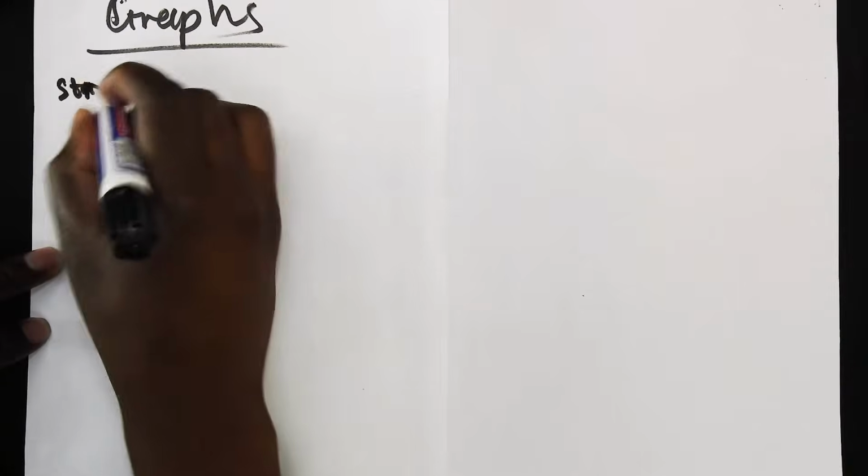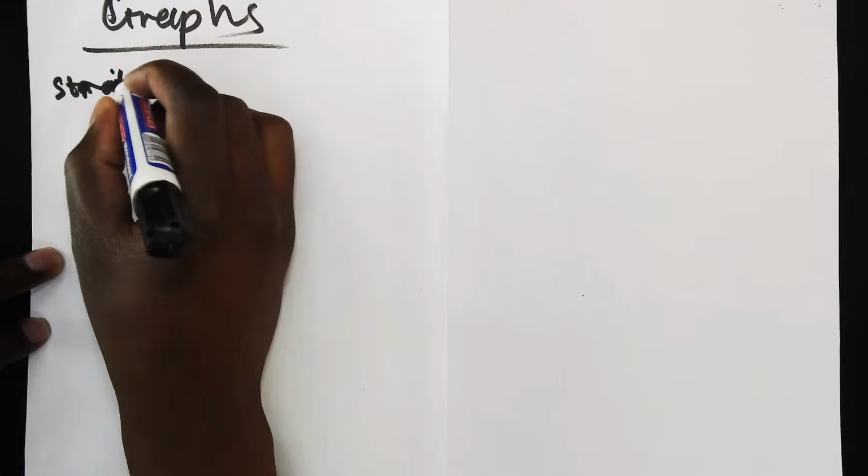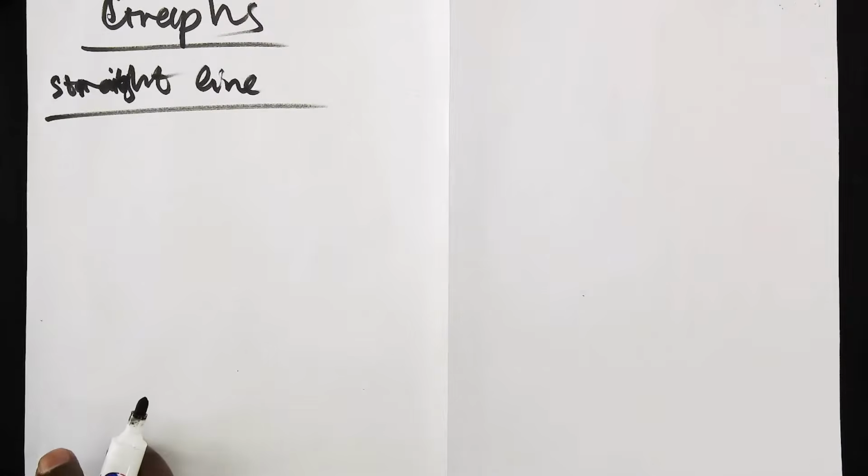Okay. So I wanted to remember how many functions we will have, but I want us to start with a straight line graph, so a linear function. I want us to look into a straight line.